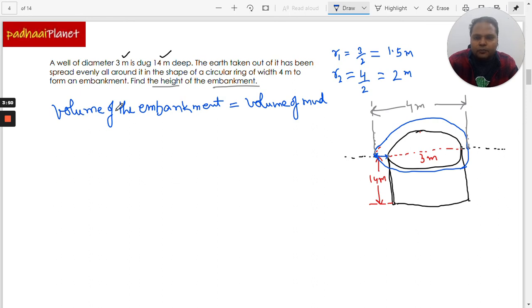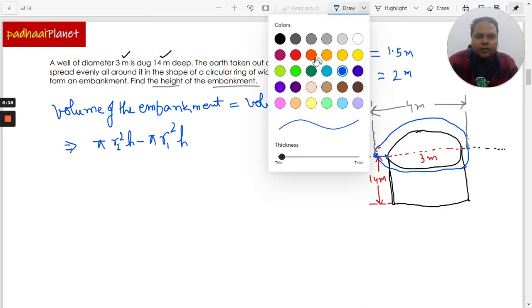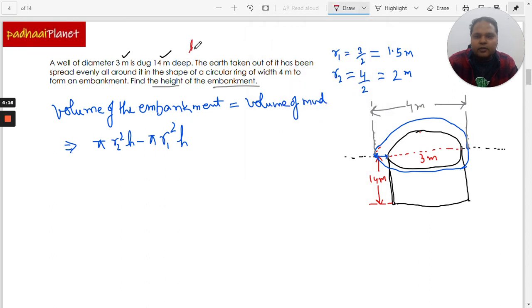Now the volume of the mud in the embankment, if we put the formula, is going to be pi R2 square H minus pi R1 square H, where H is the height of the embankment, right?